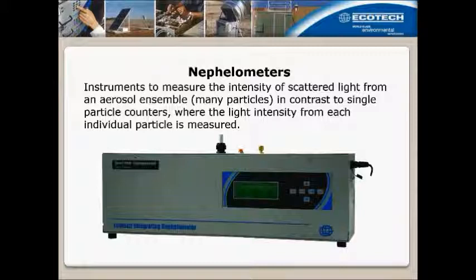So with the nephelometer you get integrated properties like the average, the mode diameter of your size distribution of particles, and the geometric mean standard deviations. That is basically part of the optical properties of a nephelometer.